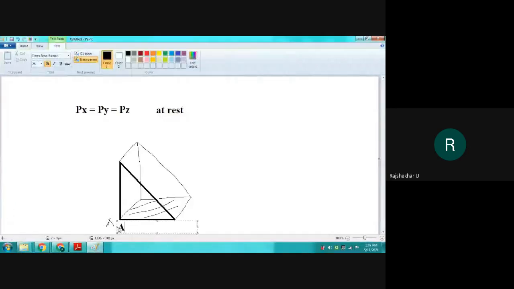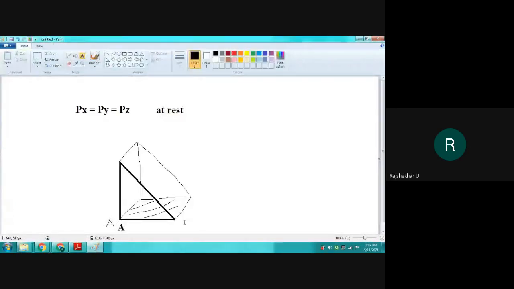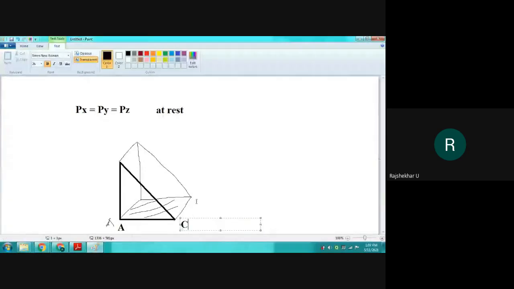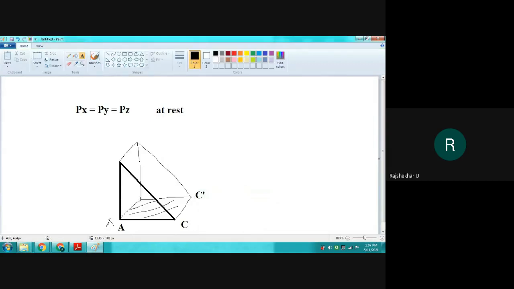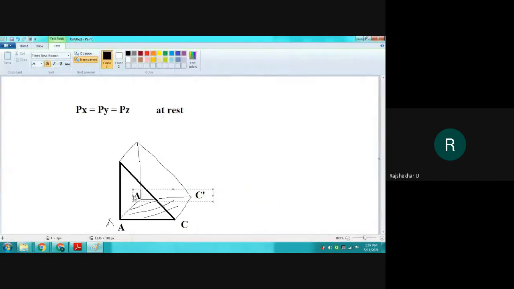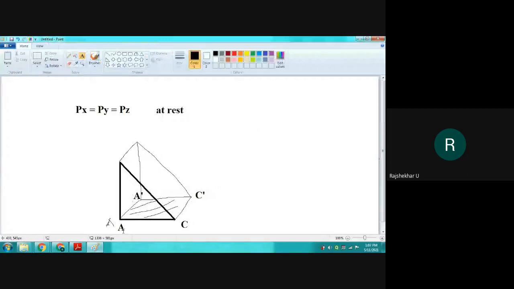This is A, and this is C. If I mark this as C dash, and this point as A dash, then if I talk about this face A dash, C dash, C, the dimension of this side and the dimension of this side, if I consider them, I'll get the area of this face.